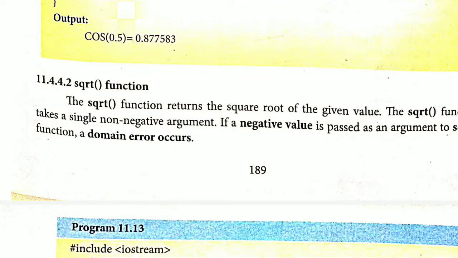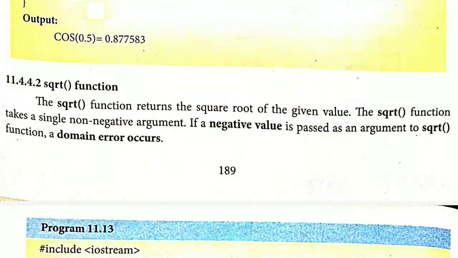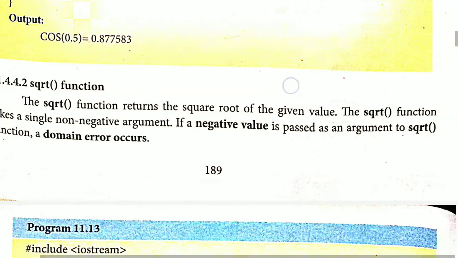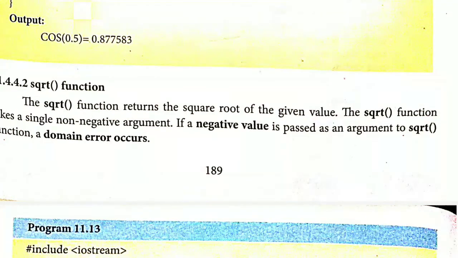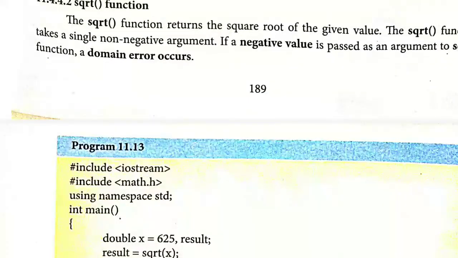Whatever value is given to this function will be returned as its square root, and you can see that this square root function takes a single non-negative argument, which means non-negative values. If a negative value is passed to the square root, then it will give a domain error for that input.